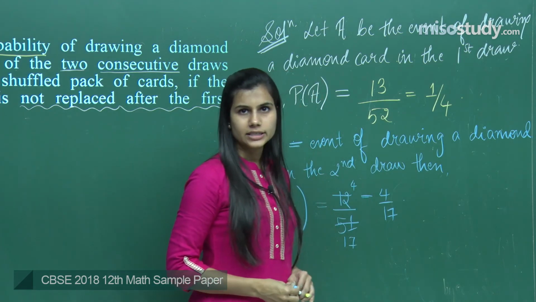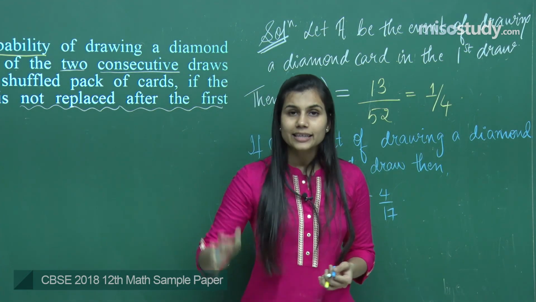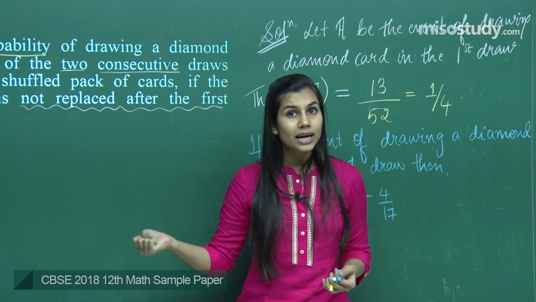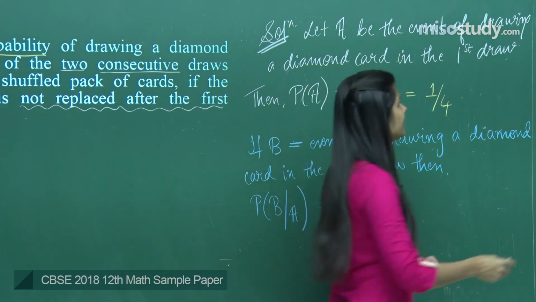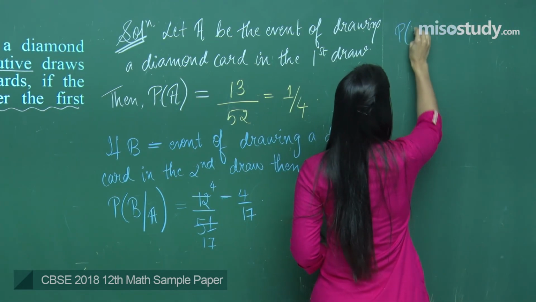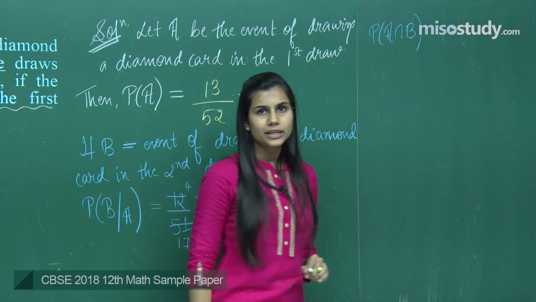4 by 17. The question is, give me the probability that in the first draw you draw a diamond card and in the second draw also you draw a diamond card. That means I have to find the probability of event A and event B both happening together.